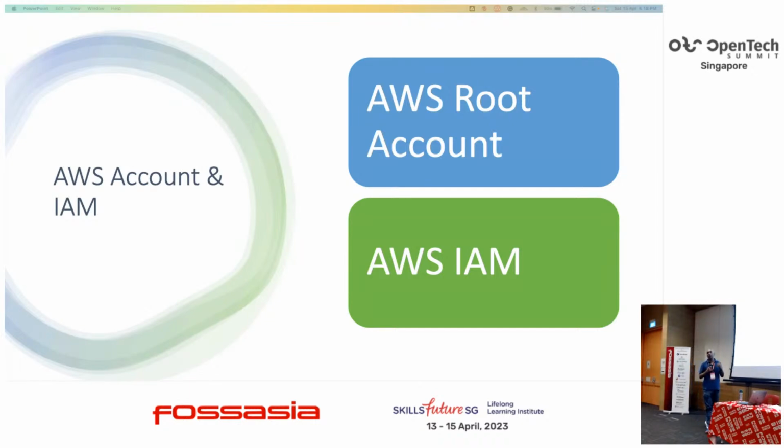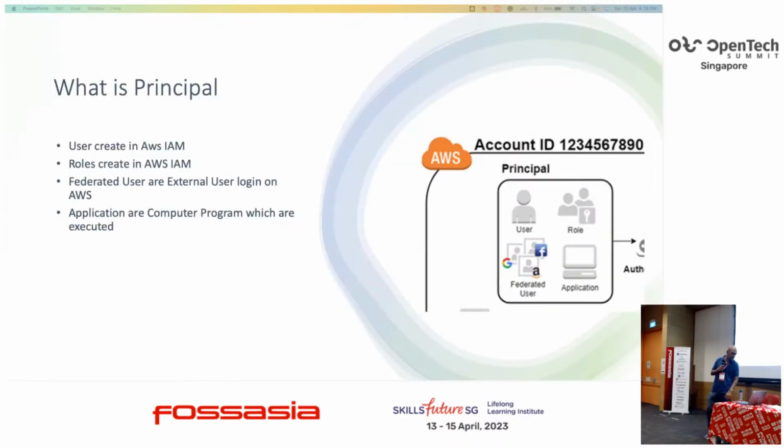Second, once the root account is created, you can create users, roles, and policies. For example, if your organization already has users, you can integrate those specific users inside AWS.